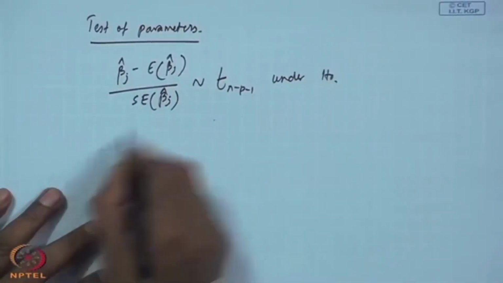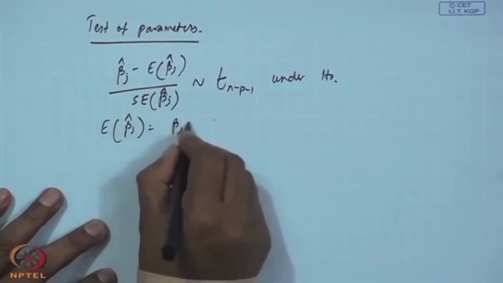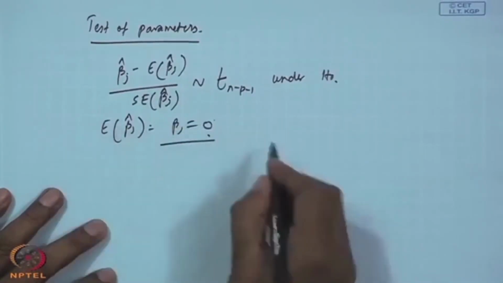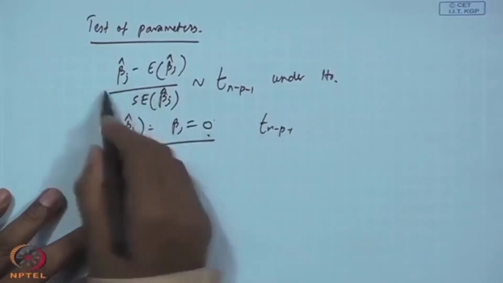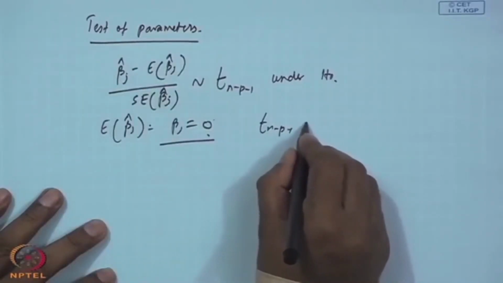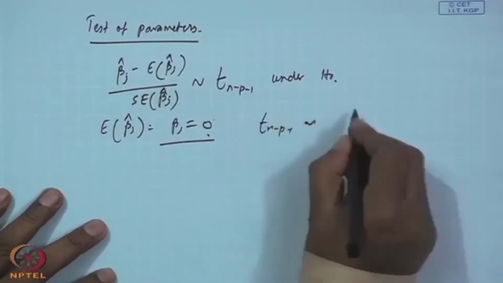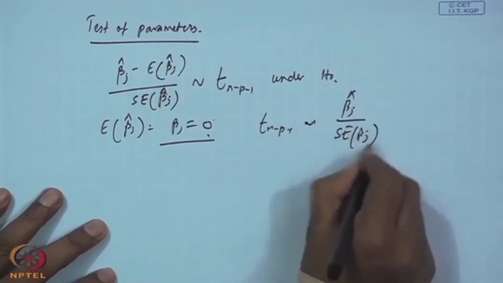Under the null hypothesis, expected value of beta j cap equals beta j equals 0. So ultimately the t with n minus p minus 1 is to be compared with beta j cap by SE of beta j cap.